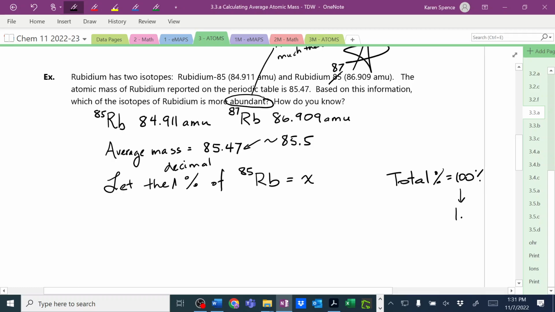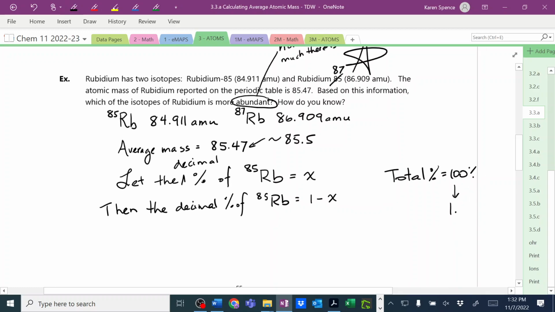So then, if we only have two isotopes and the percent of one isotope is X, then the decimal percent of rubidium-87 is equal to 1 minus X.